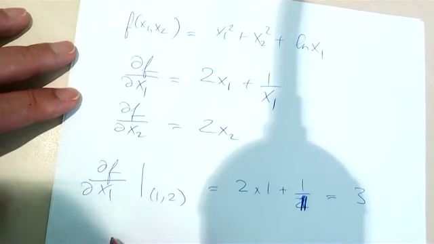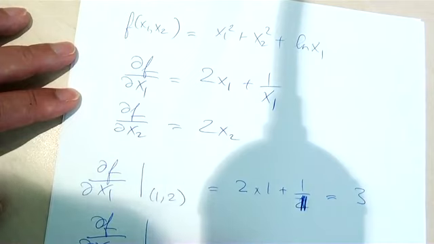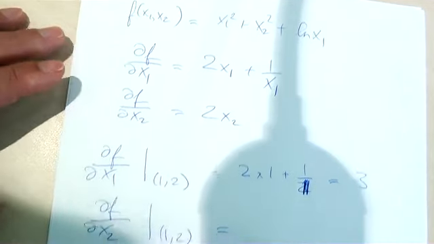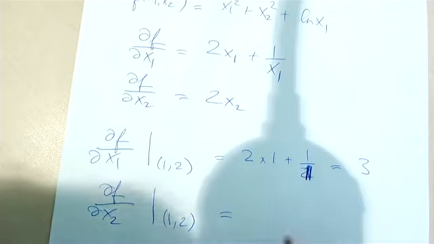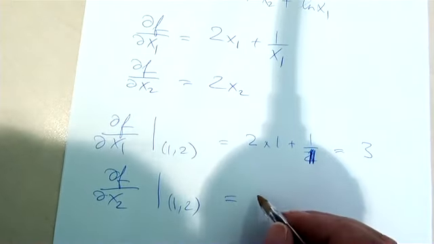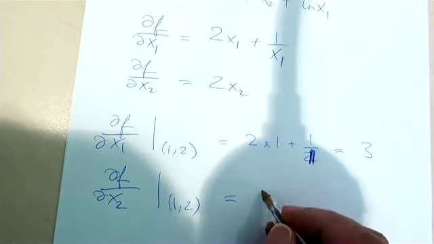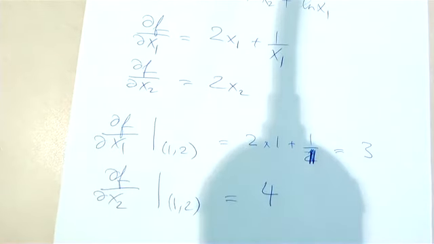And partial f with respect to x2 at the point 1, 2 will be 2 times 2, which is 4. So now your increment is 0.1 for x1 and 0.2 for x2.